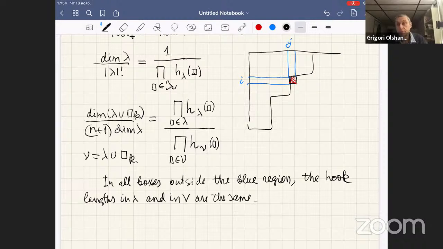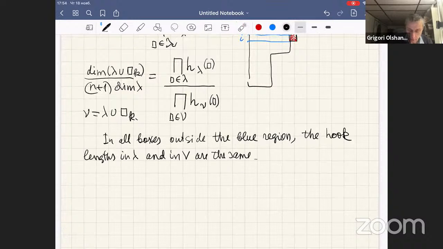So nothing happens after we add this box. If you take this hook, it does not affect this hook. So the product, actually, we can cancel this hook length and look only on the hooks which correspond to these boxes, this one. Okay.